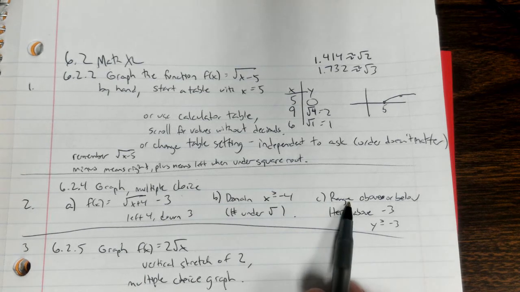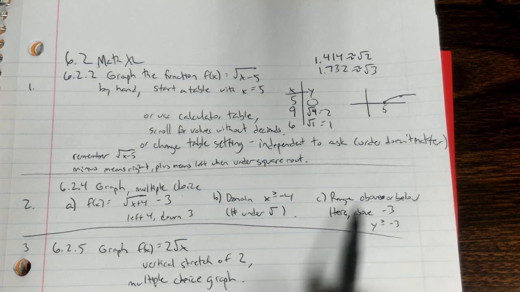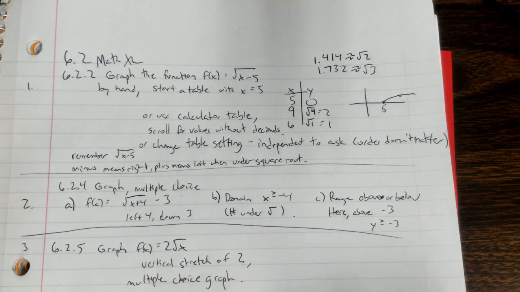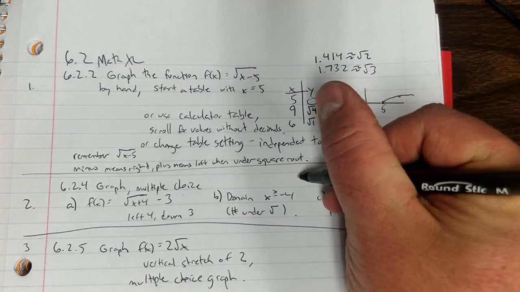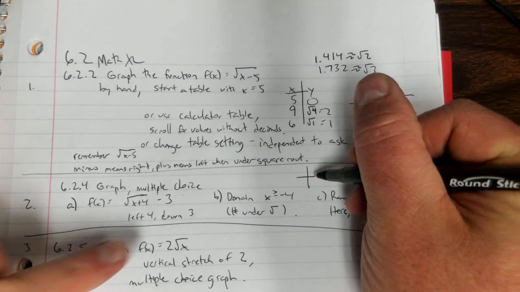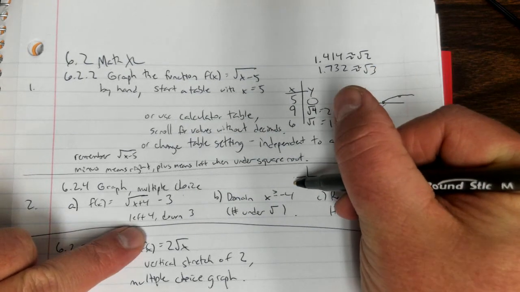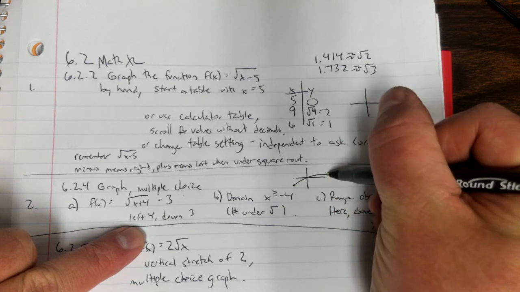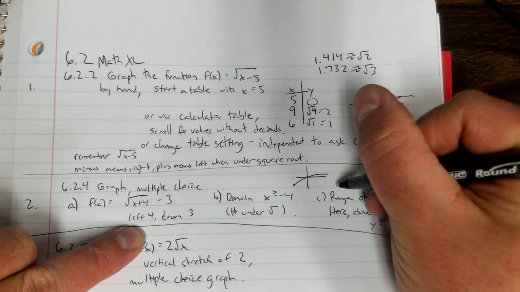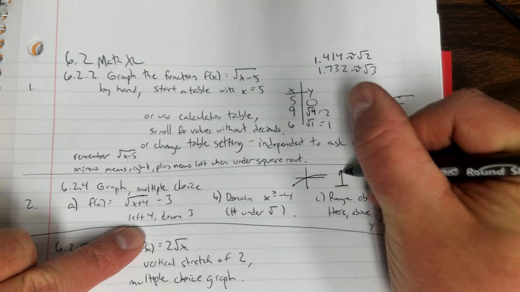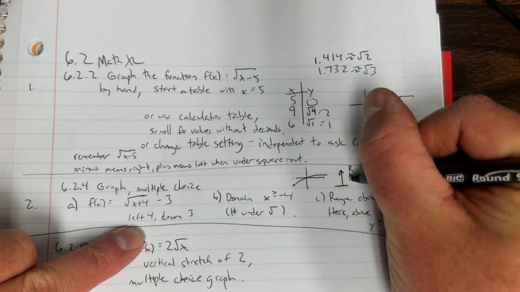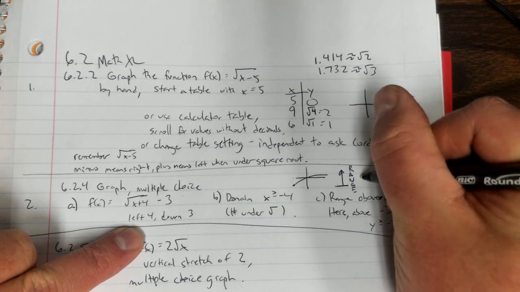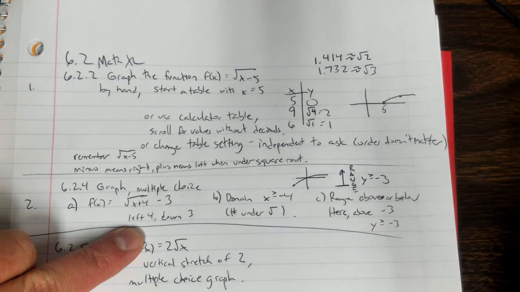And then for your range, it's always above or below. Here it's going to be above negative 3. The reason is because, when you graph it, left 4 and down 3, and then it would go this direction. And so it's basically this way for your range: y greater than or equal to negative 3.